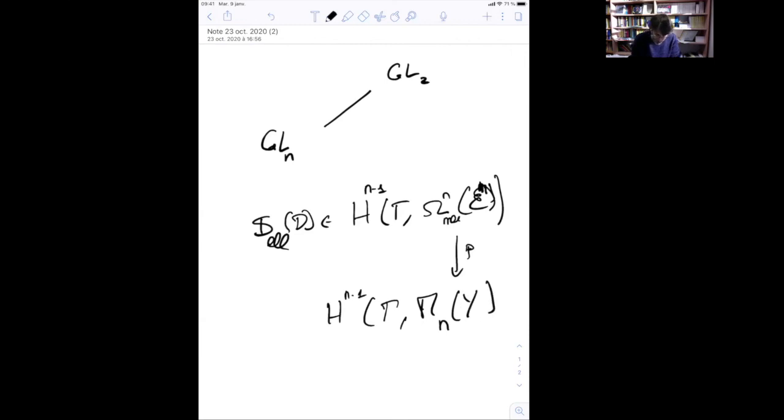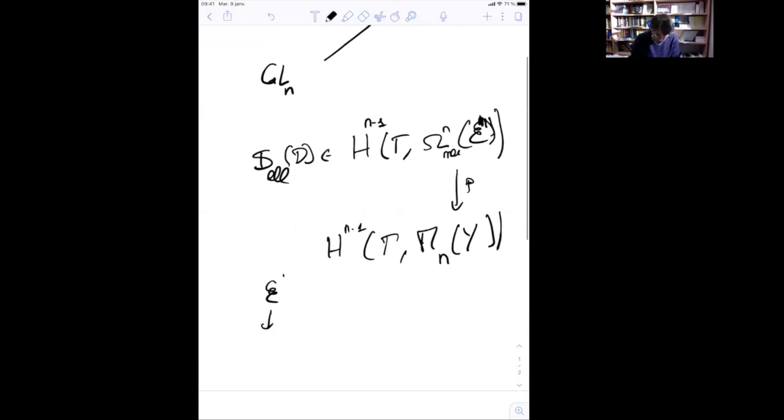If E to the n lies above a modular curve Y, then pulling back a meromorphic form on E to the n at a torsion point gives you a modular form of weight n in the tau parameter.